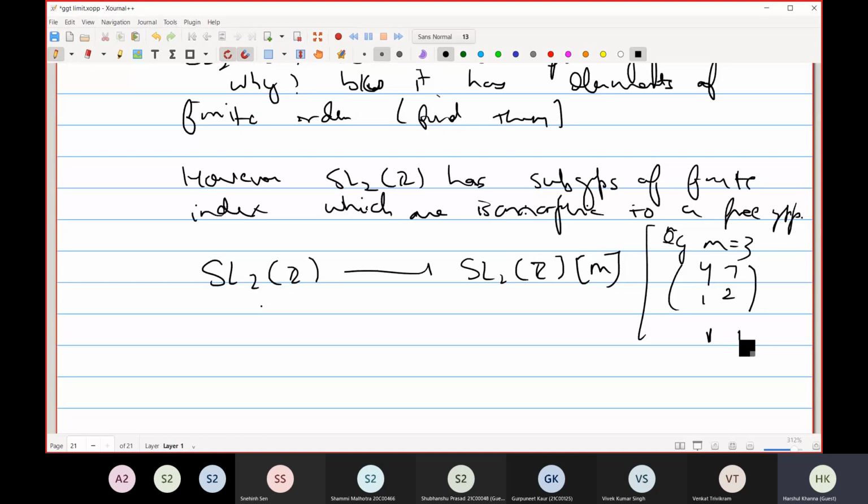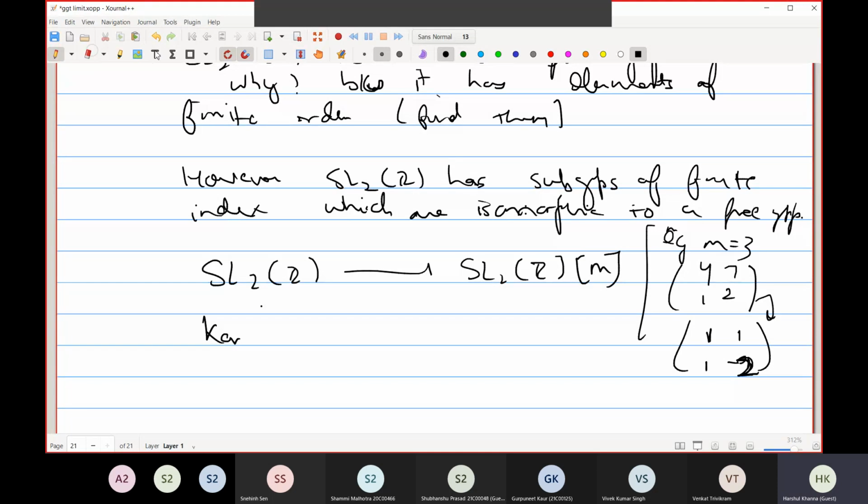We are giving a surjective map from SL2Z to SL2(Z/MZ), and this has a kernel. Sorry, my bad, I wanted to say Z mod MZ.